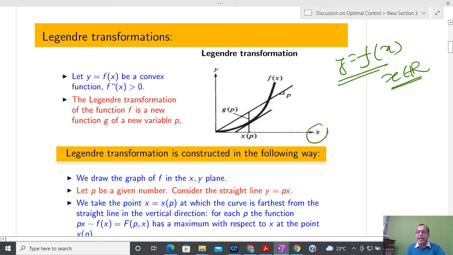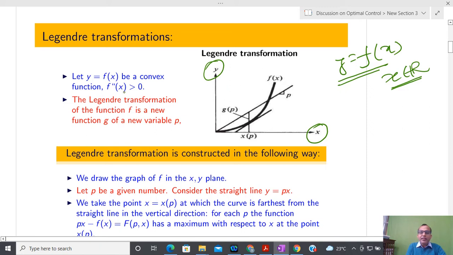Here I have plotted x and here I have plotted y. Another assumption is that this function is smooth, smooth meaning I can differentiate it at least two times.